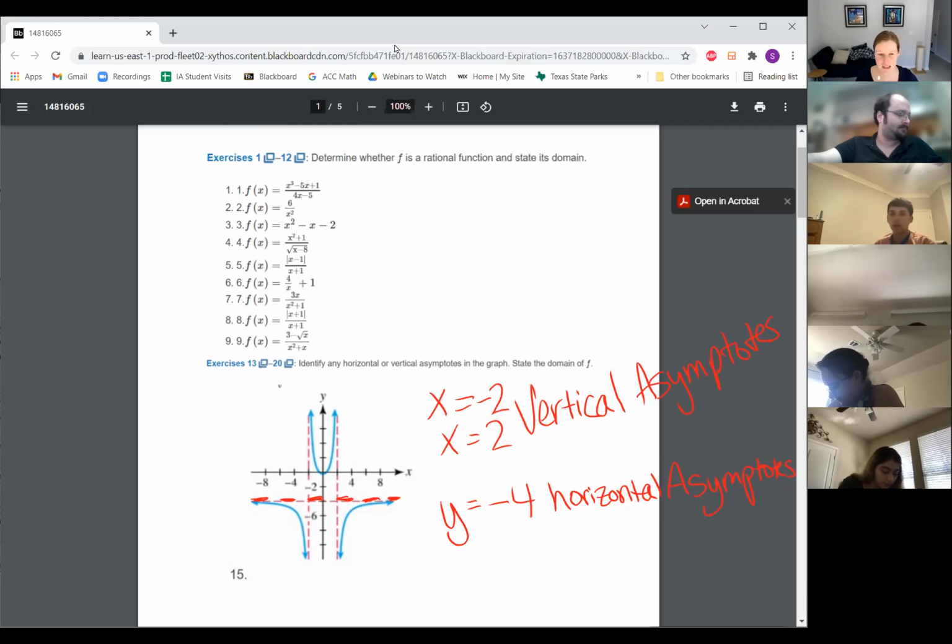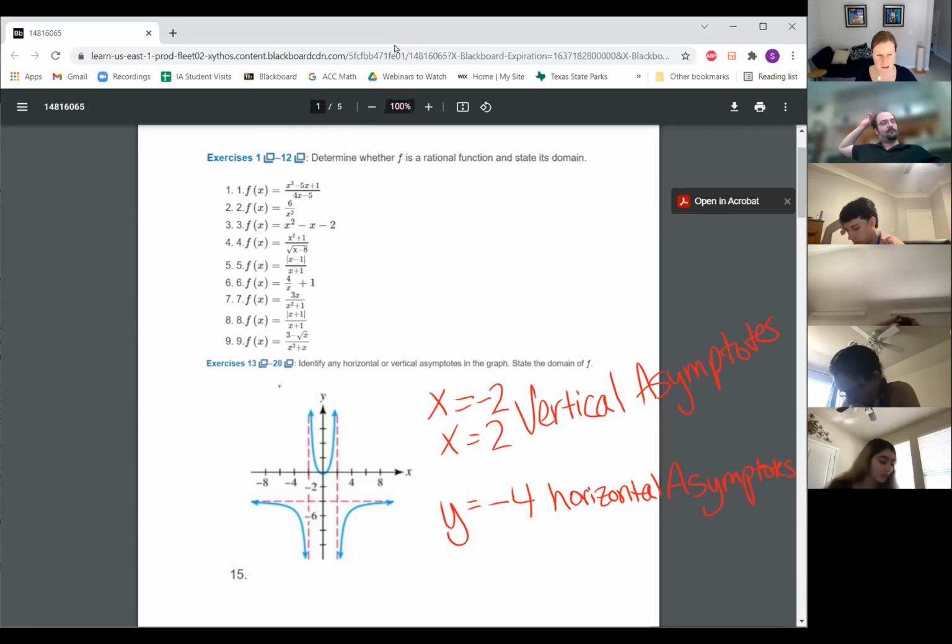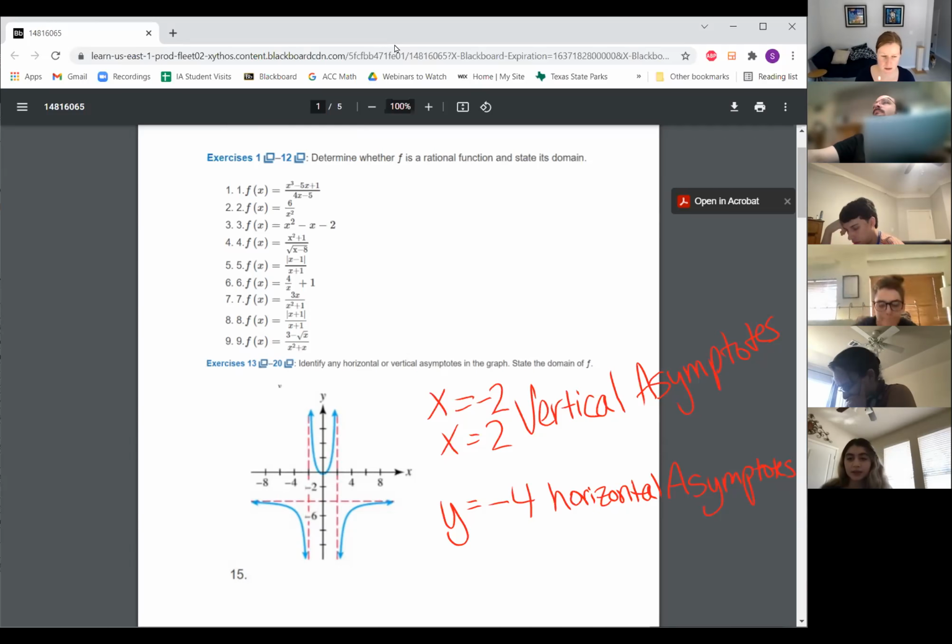All right, Vanessa, let's talk about the domain. Remember, domain is X's. So tell me some X's that we're not allowed to have in this problem. Looking at our blue, where are some X's that I'm not allowed to have? Is it when it goes past it? Like it can't cross it, right?